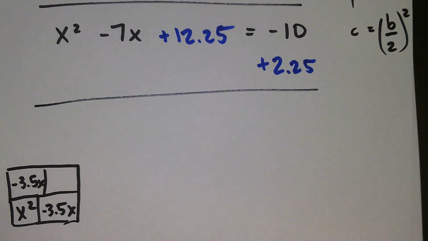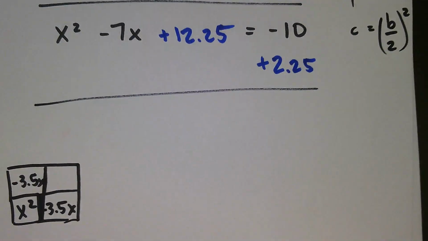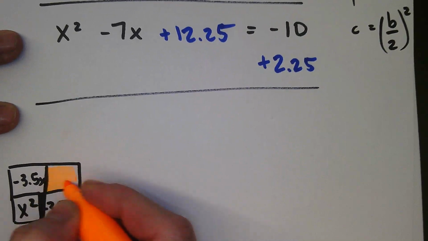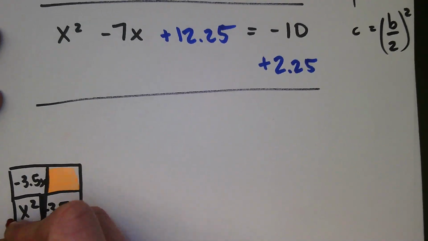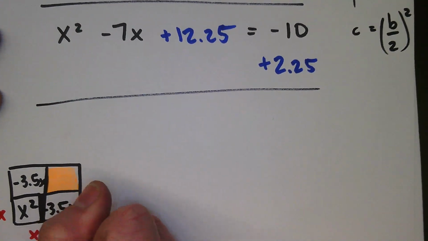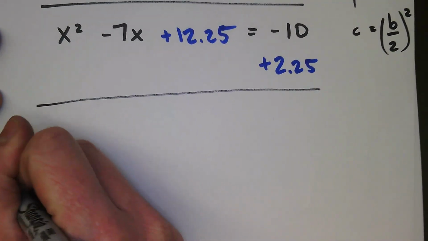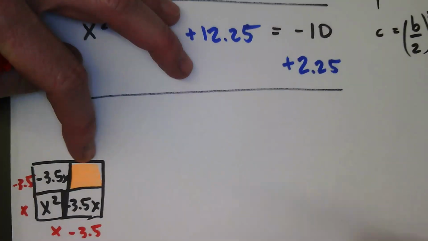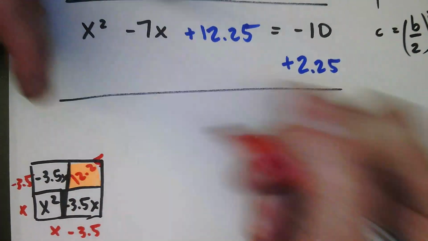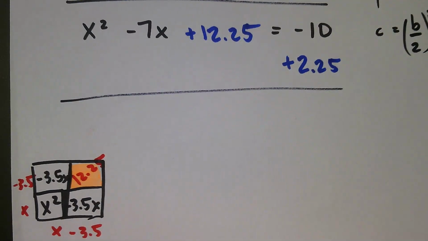But my square is not complete. I didn't draw that very well. It's because my square is not complete until I get this area totally filled in. Based on my area model work, this is x by x, and then this is negative 3.5, negative 3.5. And when I multiply those two numbers out, which is what I did in the calculator, I get 12.25. So that's why this number was added to both sides.